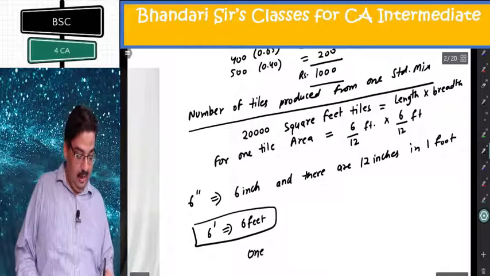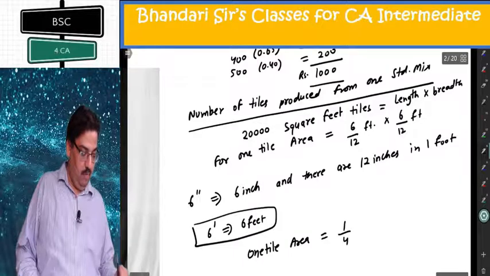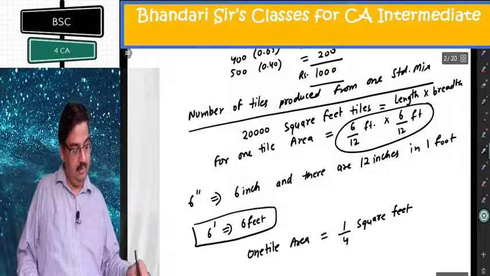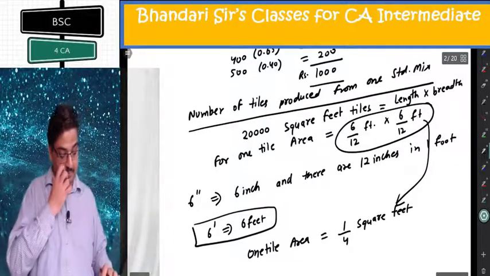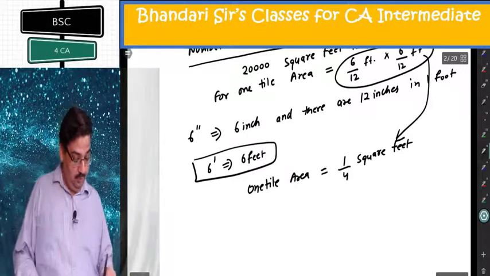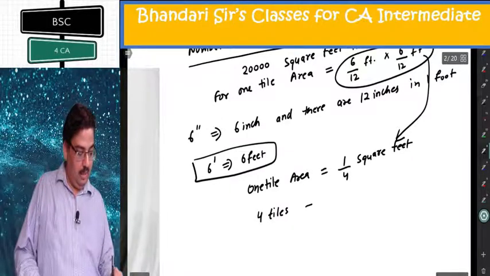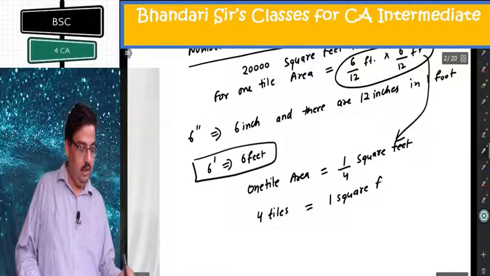So one tile area is 1 by 4 square feet. From here, 4 tiles is equal to 1 square feet.